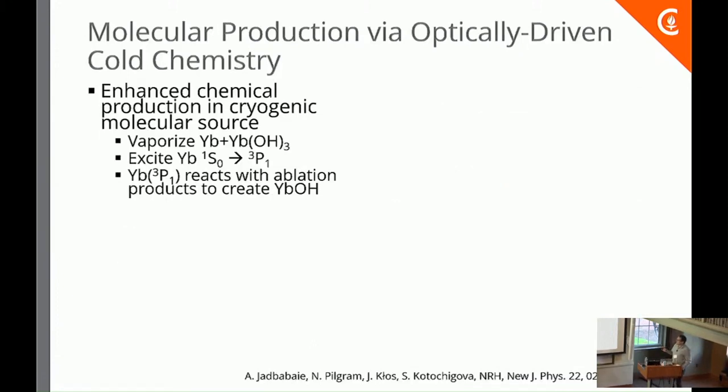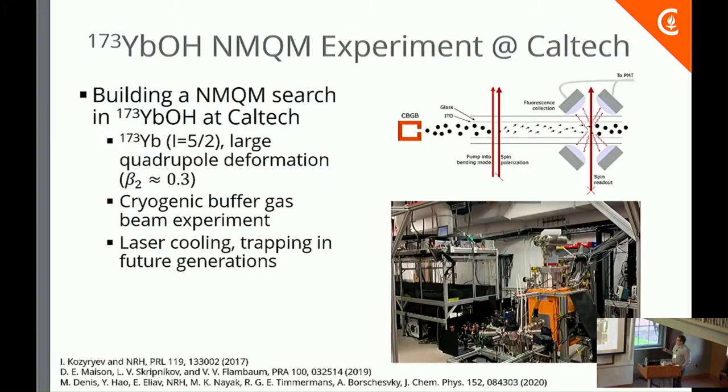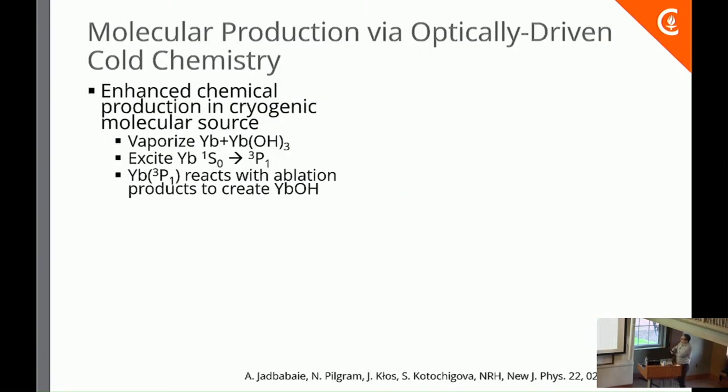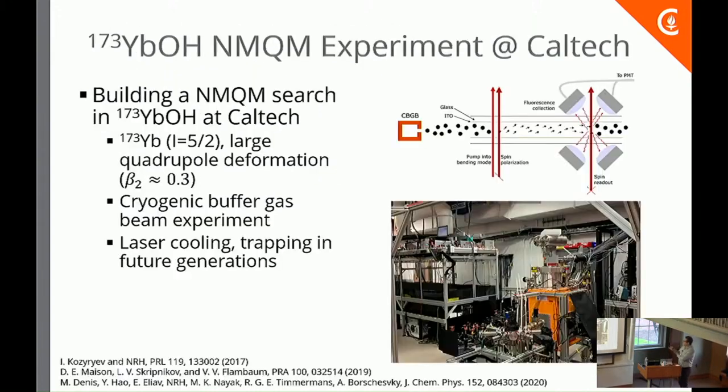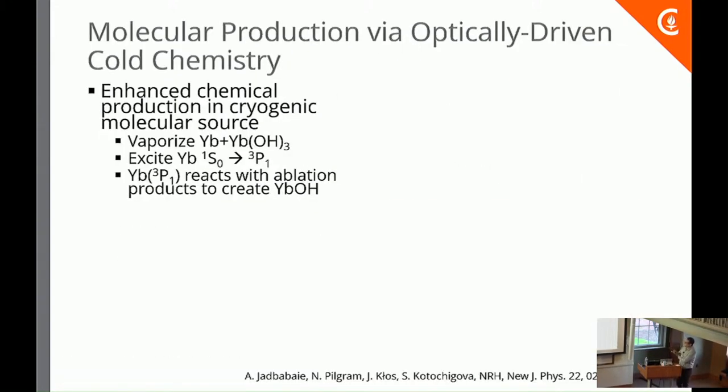So some of the things that we've done along these lines experimentally: we make the molecules through a chemical production process in our cryogenic molecular source. We're using a CBGB, that's our cryogenic beam source. We vaporize some mixture of ytterbium and chemically stable ytterbium trihydroxide, and then we excite. There's a lot of just atomic ytterbium created in this ablation.